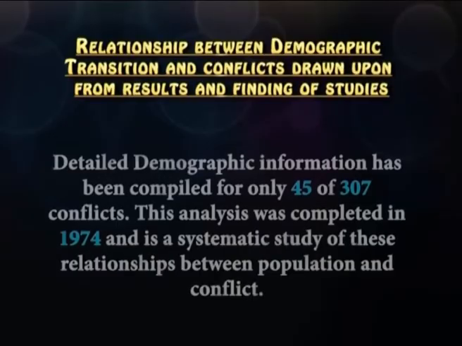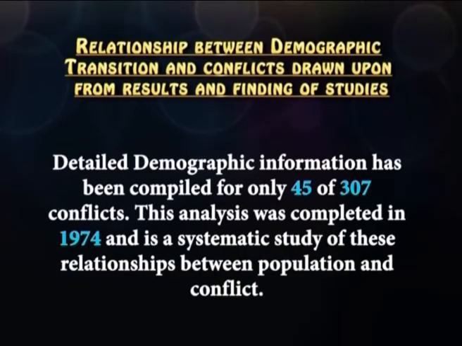There is an emerging consensus that if these demands are unmet, social dislocation, conflict and violence may occur. Detailed demographic information has been compiled for only 45 of 307 conflicts. This analysis was completed in 1974 and is a systematic study of these relationships between population and conflict.